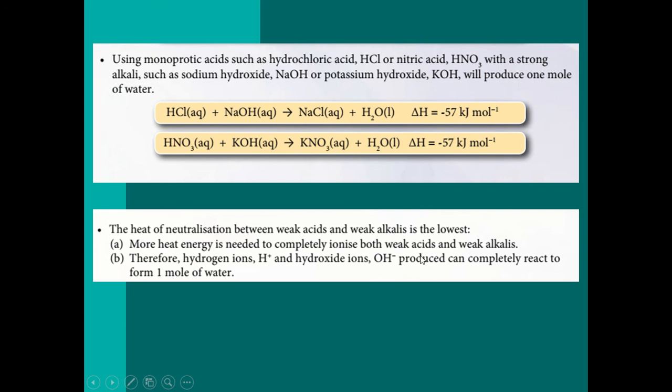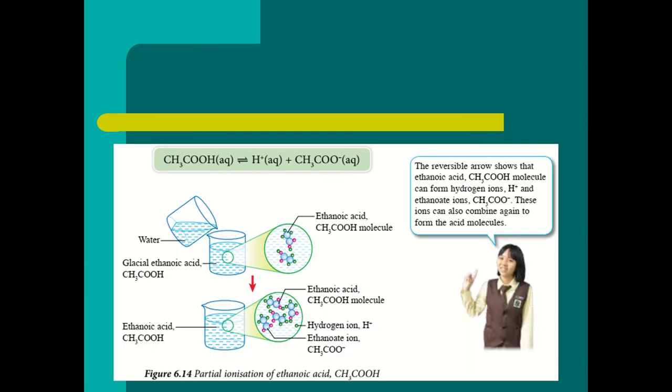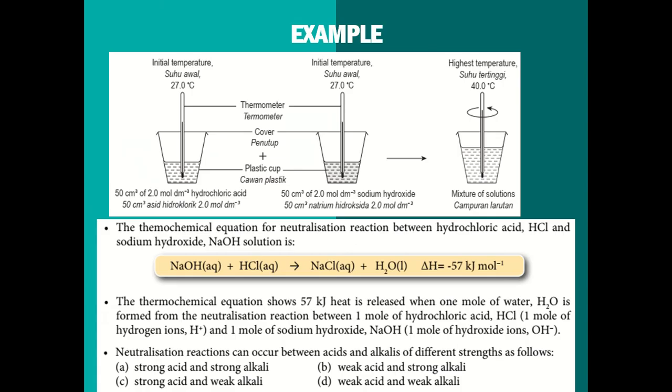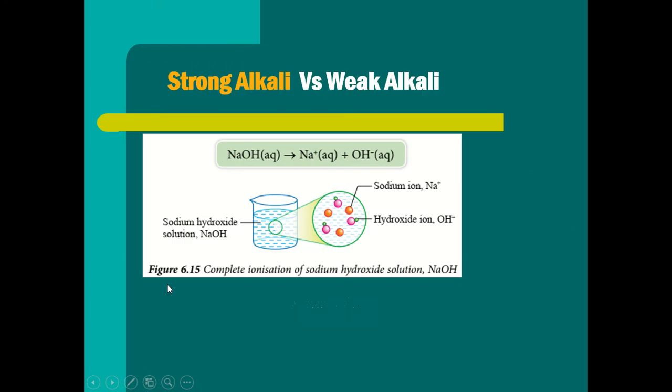That's why nilai delta H untuk weak sama weak tadi is the smallest one, paling kecil. Okay, ni tadi between weak and weak dia paling kecil, because dia release ataupun dia absorb lagi banyak heat untuk ionize yang weak tadi. Okay.